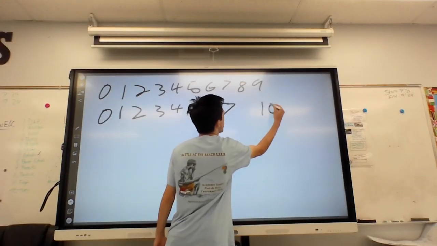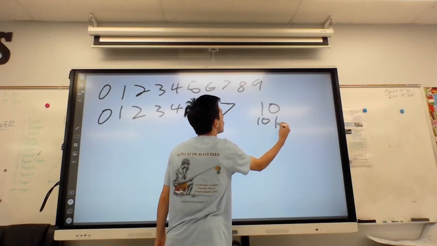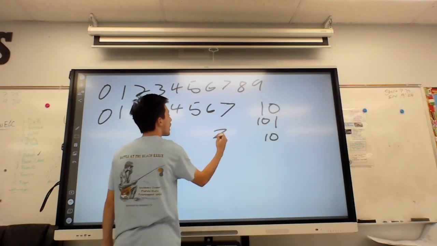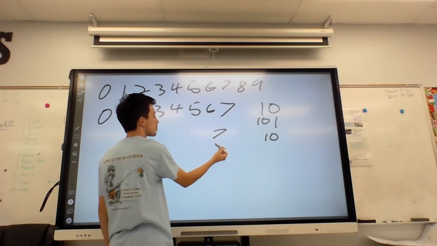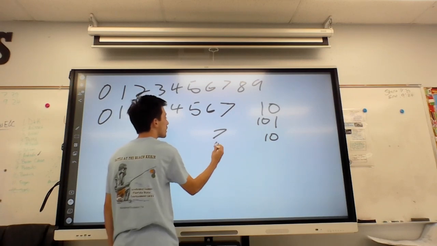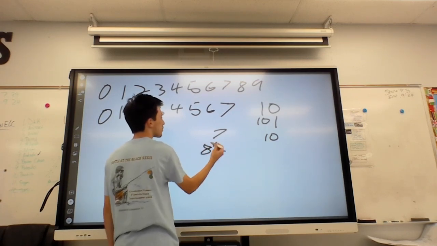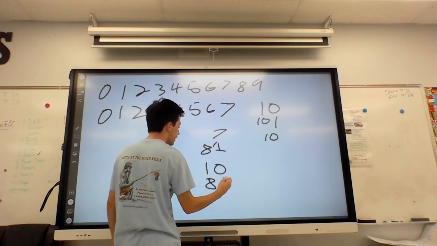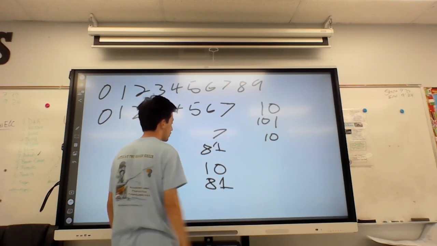However, in base 8, the highest number we have is 7. So assuming we had 7 in the ones place, we add 1 to 7, there's going to be a 1 in the 8s place, and a 0 in the ones place.